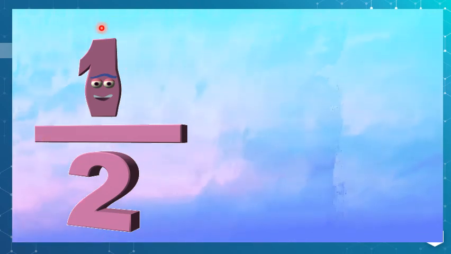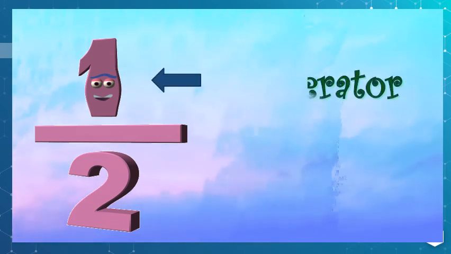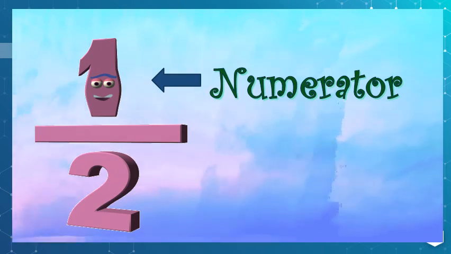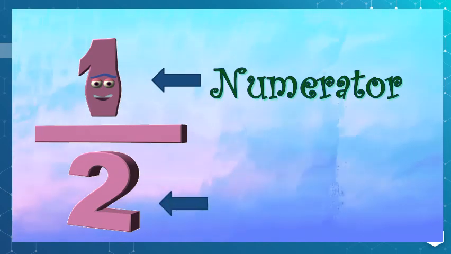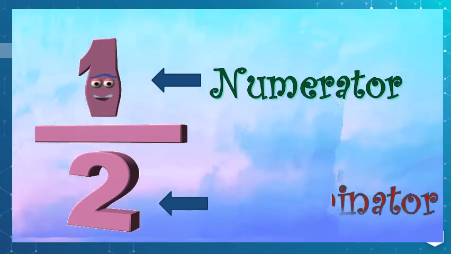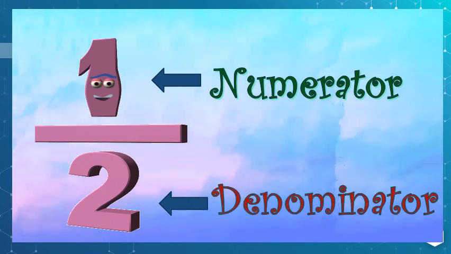The top part of the fraction is called numerator and the lower part or the bottom part of the fraction is called denominator. The upper part is called numerator and the lower part is called denominator. And finally, the numerator and denominator together make a fraction.